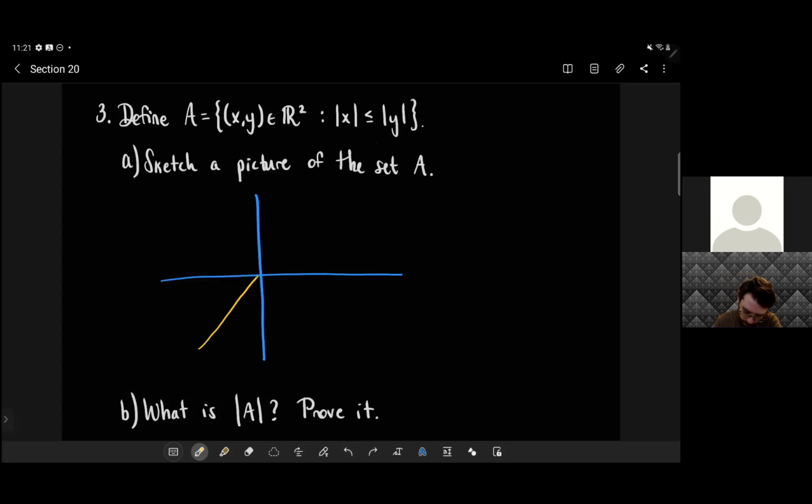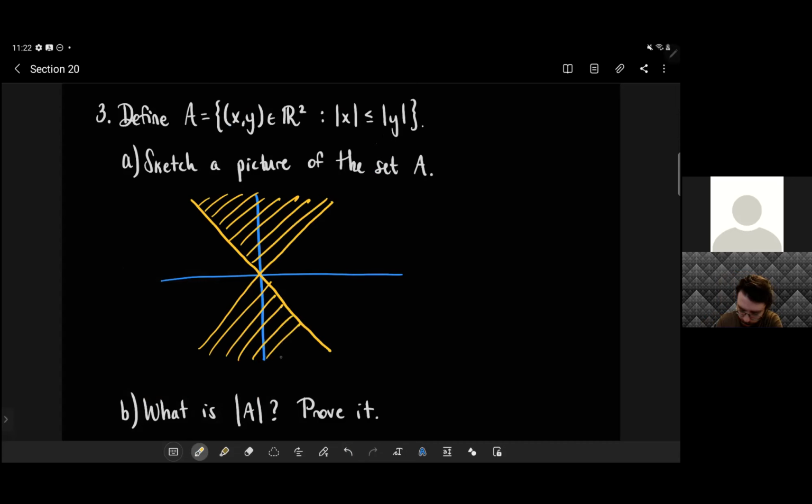But I'll just show you what it looks like to save some time. It actually looks like this shaded sort of hourglass shaped region of the plane. So both of these together are the set A. Cool.